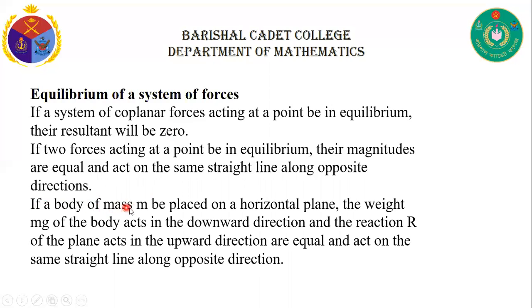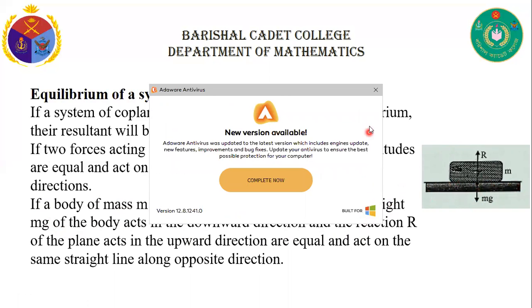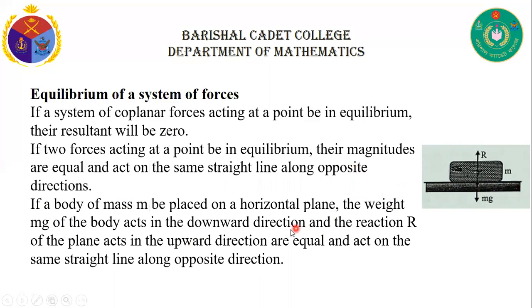If a body of mass m is placed on a horizontal plane, the weight mg of the body acts in the downward direction, at 90 degrees to the horizontal plane, and the reaction R of the plane acts in the upward direction.